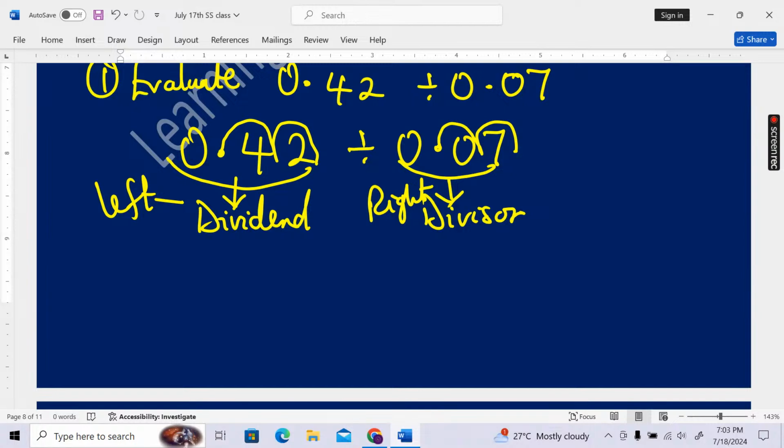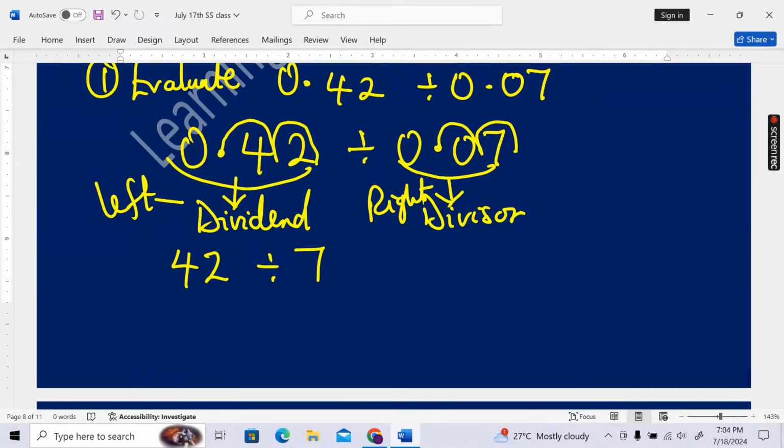So which means our dividend is now 42 divided by the divisor is now 7 because we shifted the decimal point out. So 0.042 divided by 0.07 is the same thing as 42 divided by 7.